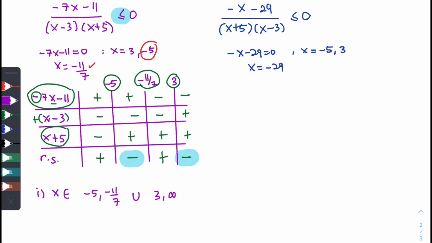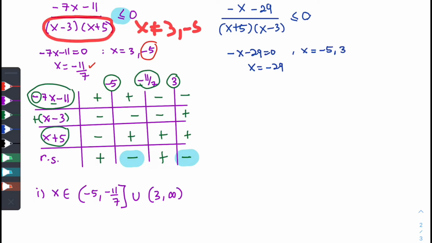The question has an equal sign, but remember that you have a denominator, so x cannot be equal to 3 and -5, which you have to exclude. So your brackets will be open at -5, closed at -11 over 7, open at 3 and open at infinity. Again, check your denominator where x cannot be equal to 3 and -5.